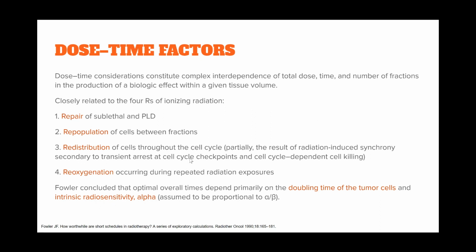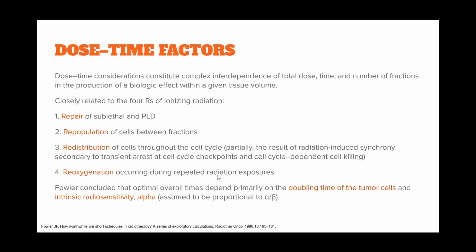What exactly happens is, in a tumor, all cells are in different phases of the cell cycle. When we irradiate, all the cells in the radiosensitive phase die. The radioresistant ones are left, and then they move in their own cell cycle. So there is basically a redistribution of the cells.